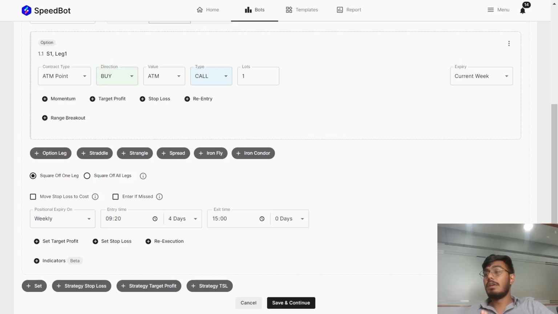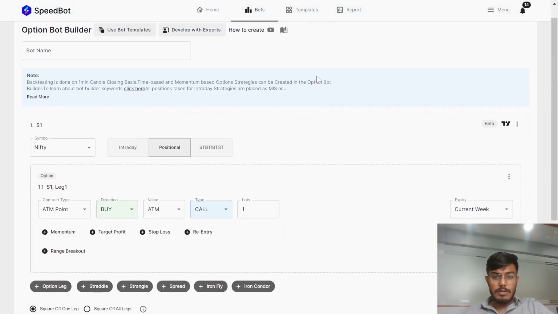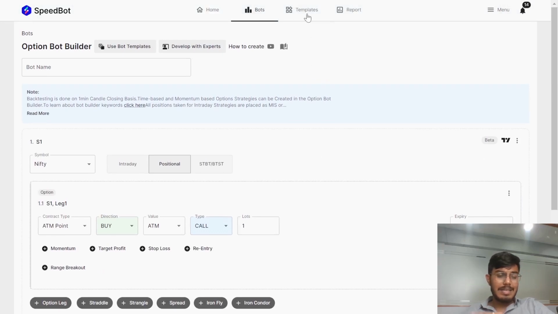But let us say if you want to explore things around algos, right? If you understand what the trading logic is, or let us say if you are a beginner, what you can do is go to our template section. Let me just navigate over here. As you can see, there is a template section.